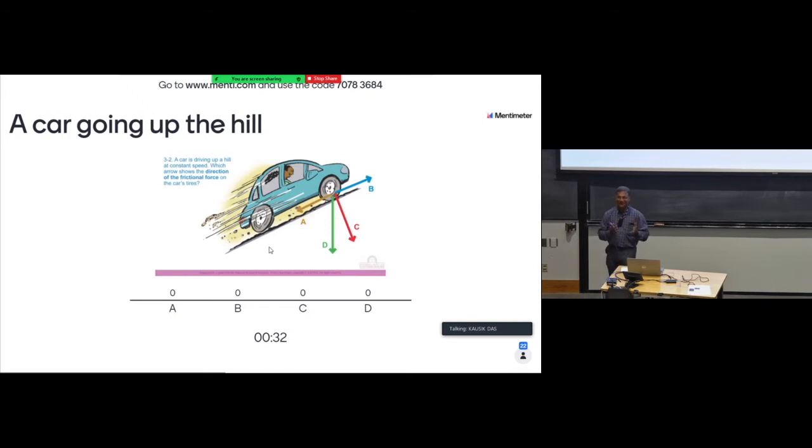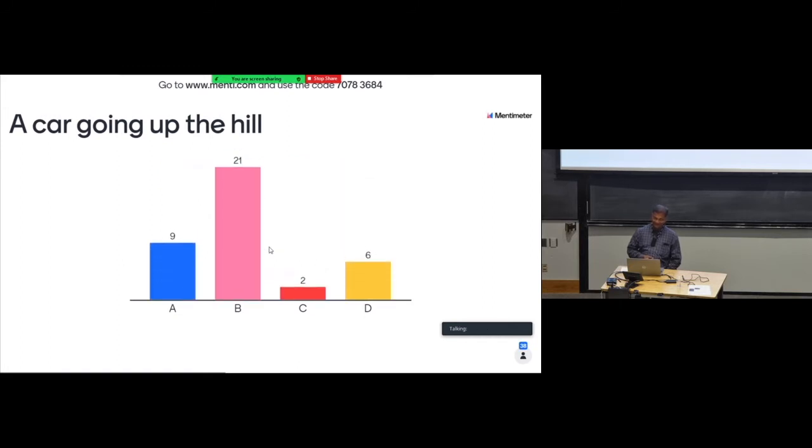From 2/3 of the class giving the wrong answer, discuss it with your peers. Okay, 3, 2, 1, boom. It's better, but we are still not there.